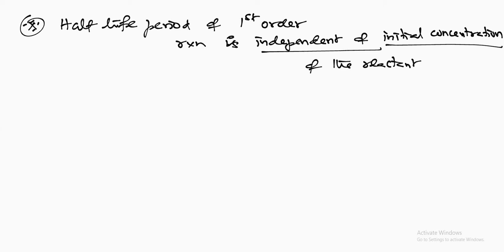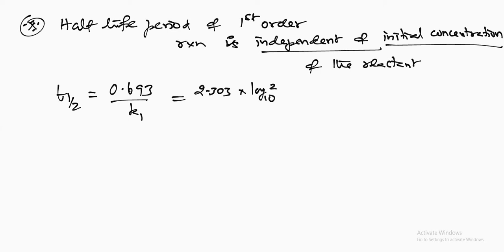And remember the expression: T half equal to 0.693 by K1. Or you can also write it as 2.303 times log 2 base 10 over K1. Or you can also write ln 2 by K1.